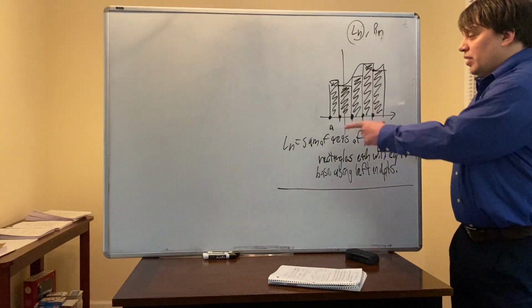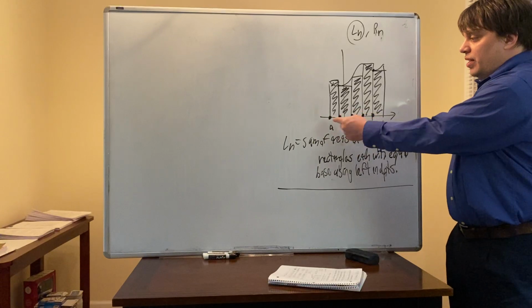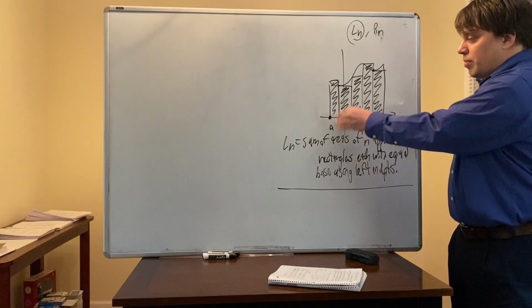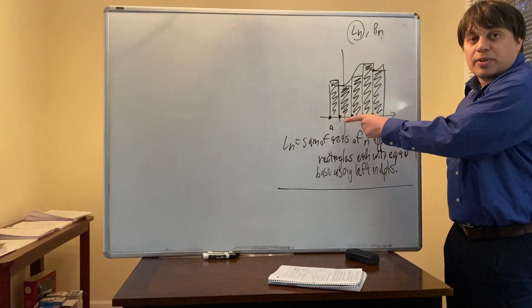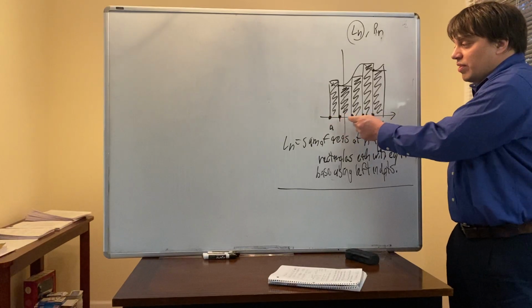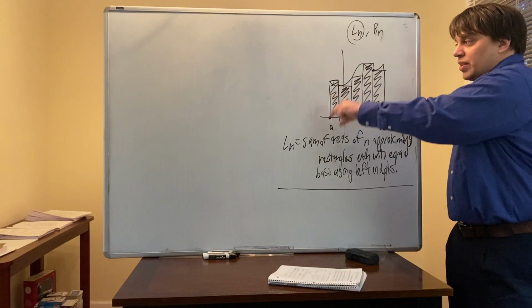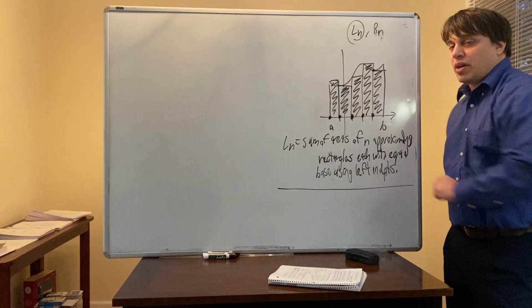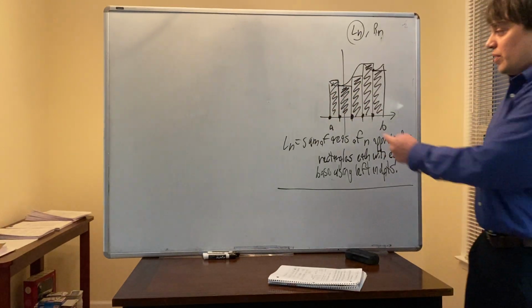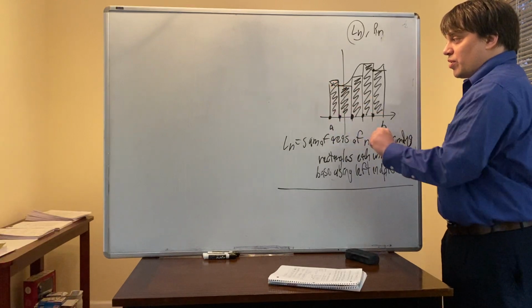So here, L sub 5 would be taking the interval from A to B, subdividing into 5 equal length subintervals, and then taking the left endpoint of each subinterval and making the height of the graph at that point the height of the corresponding approximating rectangle. So here the height of the graph is the height of the first approximating rectangle.